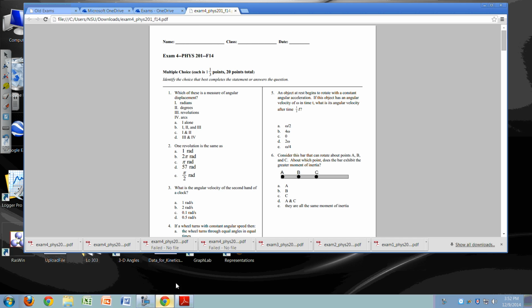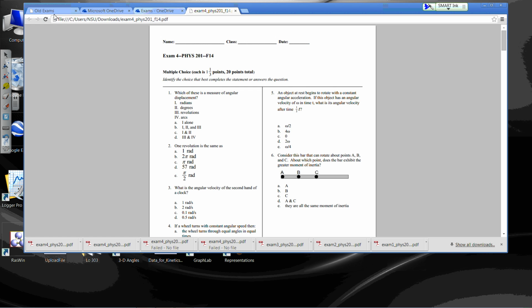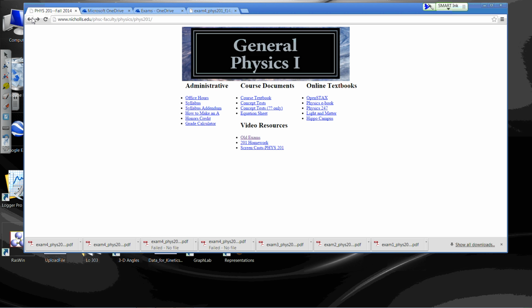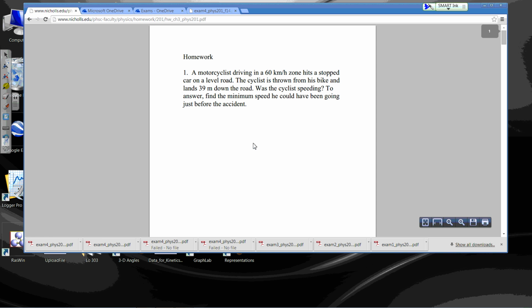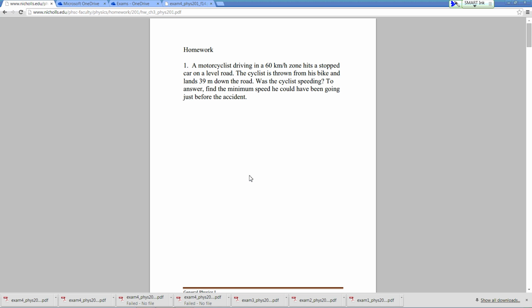Which chapter are we looking at, Daniel? That sounds like chapter 3. Was it projectile motion? This one? Okay, I forget. Did we let his angle equal 45 degrees in this?